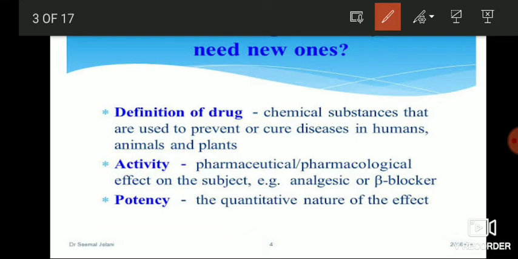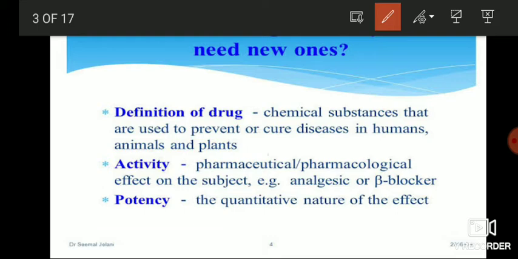According to the World Health Organization, WHO, a drug is defined as follows: it is a substance or product that is used or intended to be used to modify or explore physiological systems or pathological states for the benefit of the recipient.